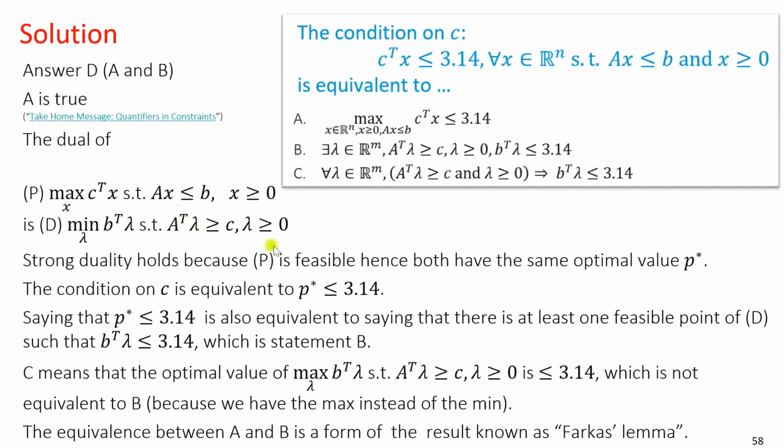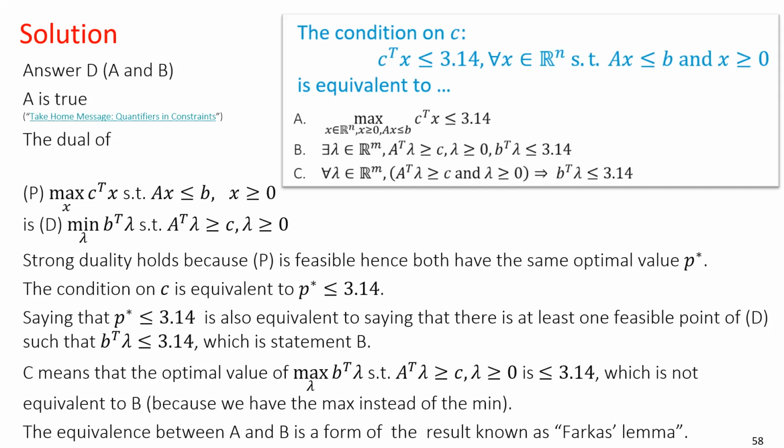But saying that 3.14 is larger than the min means that 3.14 is larger than one of the values here, which is statement B. Statement C, because the quantifier is wrong, is of course not equivalent.